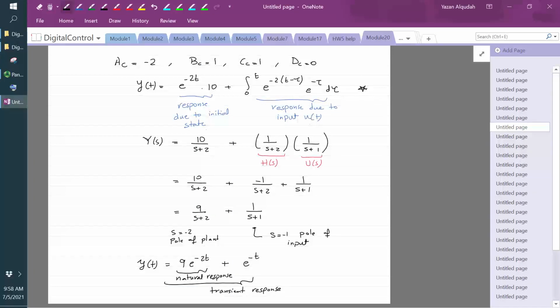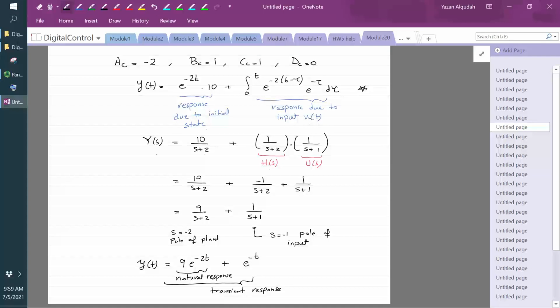Now we can also write this y in the s domain. Y of s, if I can take it directly from here and take the Laplace transform, is going to be 10 over s plus 2. And this integration is going to be the multiplication of h of s multiplied by u of s.